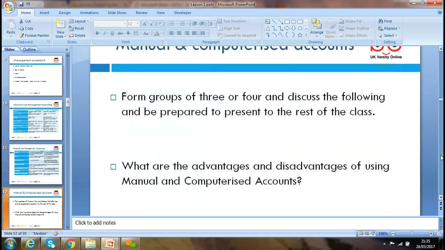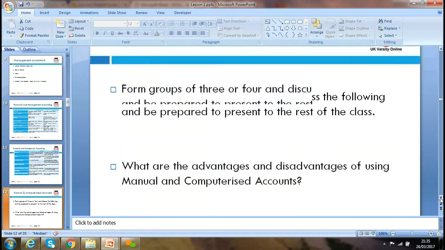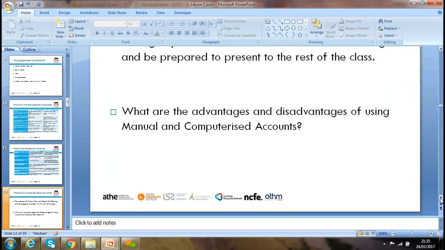Form groups of 3 or 4 and discuss the following. Who uses financial accounting? Have you ever seen any company's financial statement? Yes, in the newspapers.